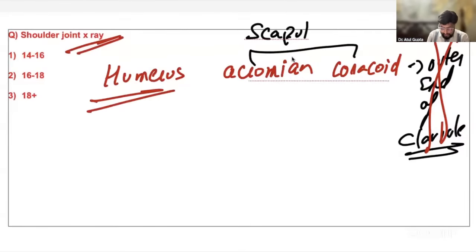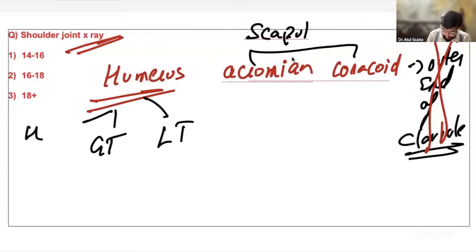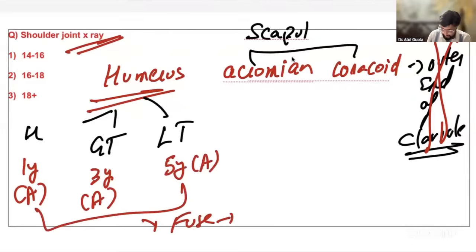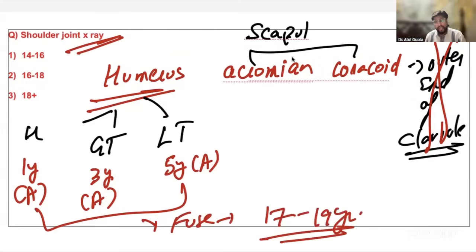In the humerus, there is the head, greater tubercle and lesser tubercle, which appear at 1 year, 3 years and 5 years, and they fuse with the shaft at 17 to 19 years. Most likely these three centers were present.